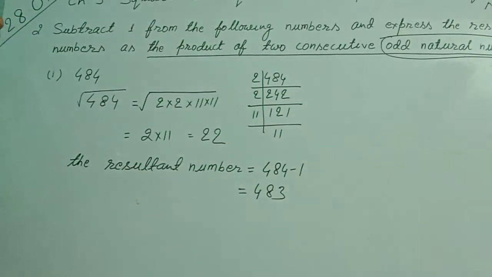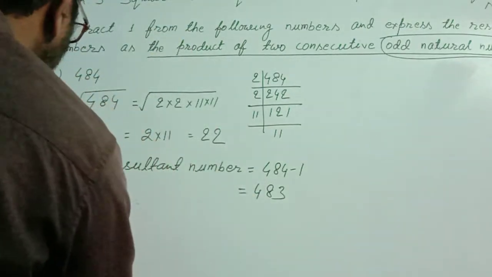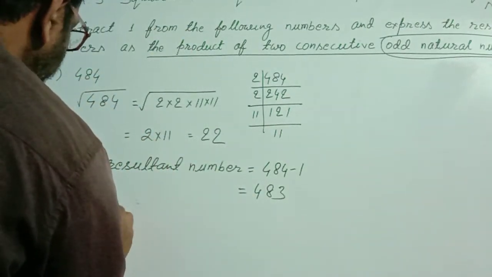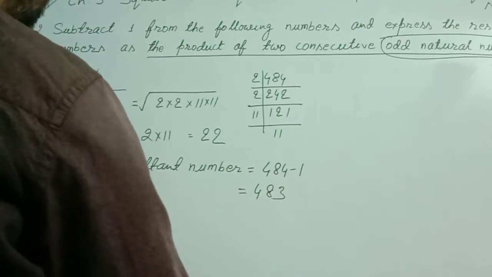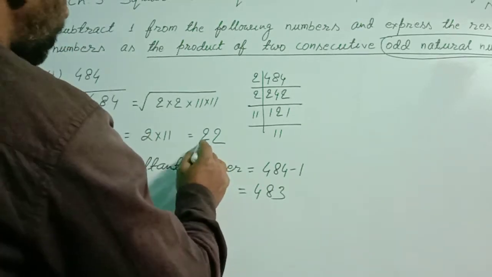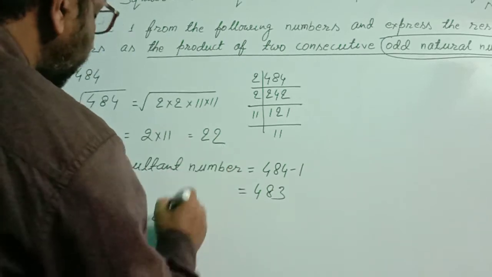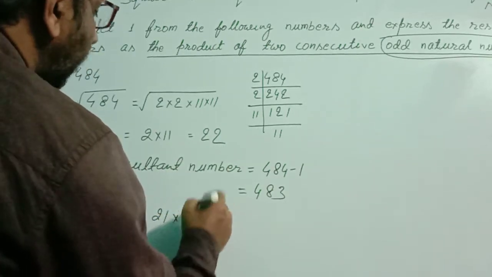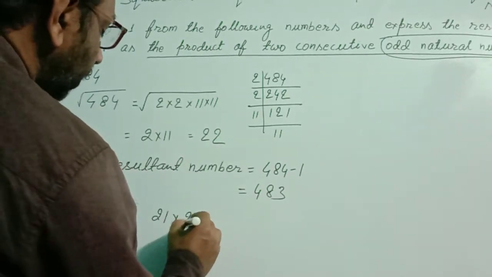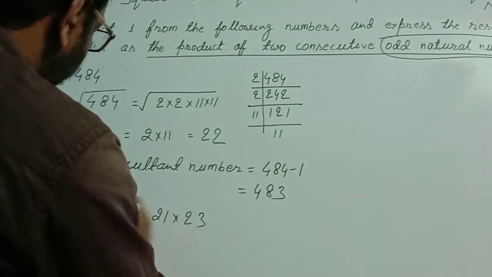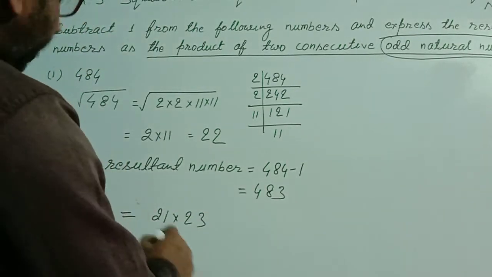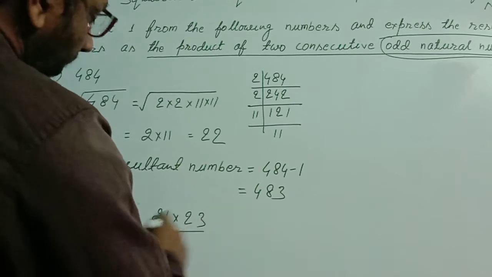This became the resultant number. Now this 483 will be the product of the predecessor of 22, that is 21, and the successor of 22, that is 23. When you multiply these two, you will get 483. So these two became the answer.